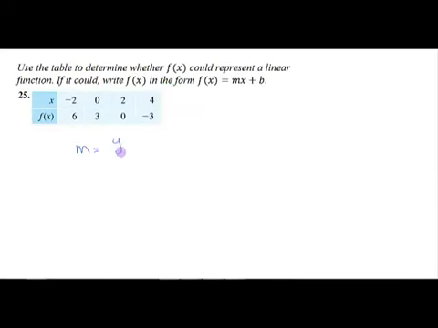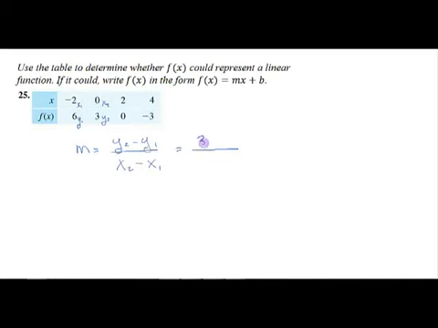Slope is y sub 2 minus y sub 1 over x sub 2 minus x sub 1. So when we're looking at this, let's call this the x sub 1 and y sub 1, and the x sub 2, y sub 2, and substitute those values in for the formula.